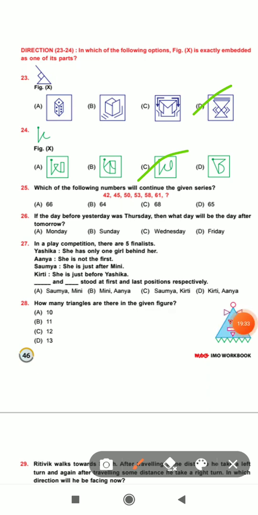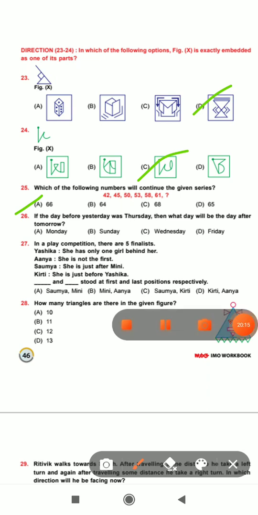So the next number is option A, 66, because 5 is added. Okay, 45 minus 42 is equal to 3, 53 minus 50 is equal to 3, 61 minus 58 is equal to 3. So next after 61 is 66. The answer is correct. Next question number 26.